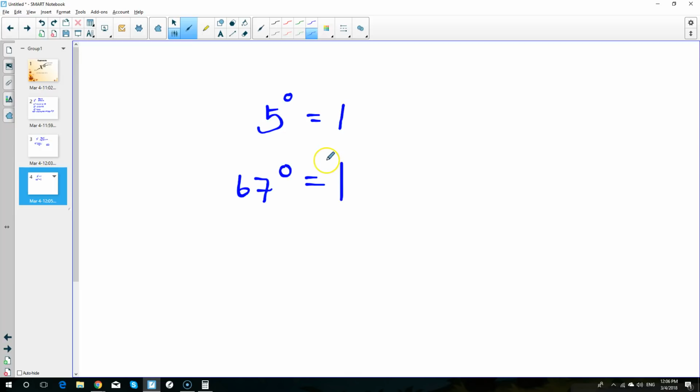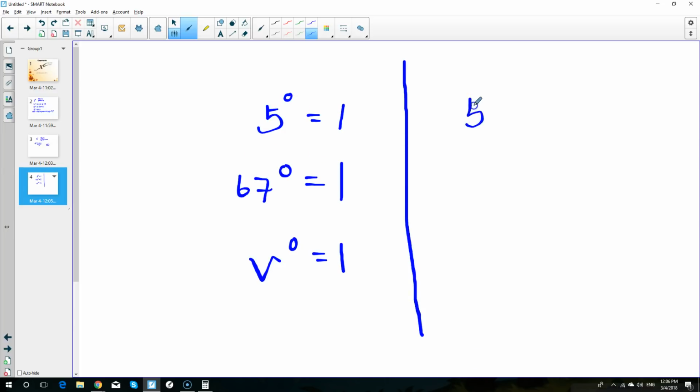And hopefully by now you should be able to see that it doesn't matter what the base is. Let's say I have v to the power of 0. My answer should be 1. Another thing that I do want to point out, if we cover the 0, we may as well cover what it means by 1, because we normally get to the second power, at least 5 squared.